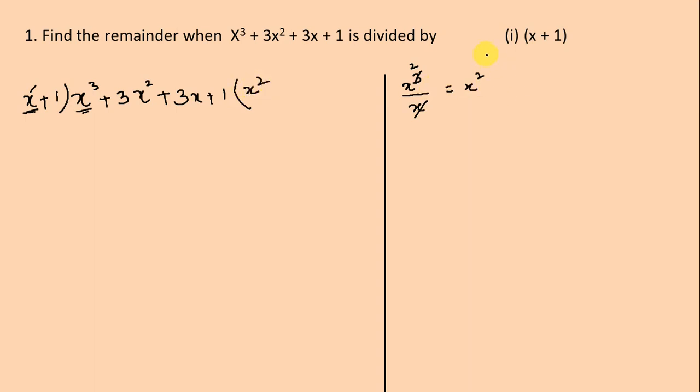and we multiply x square with x plus 1. First we multiply x square to the first term and then x square to 1. X square into x is x cube, plus x square into 1 is 1x square.